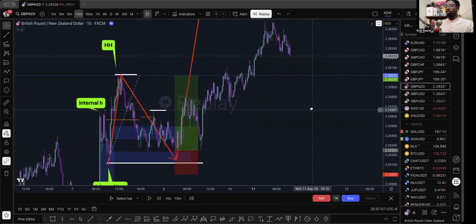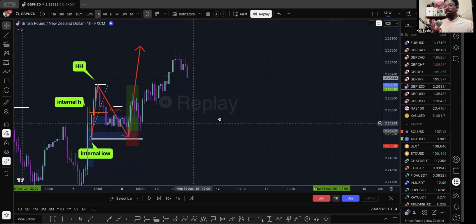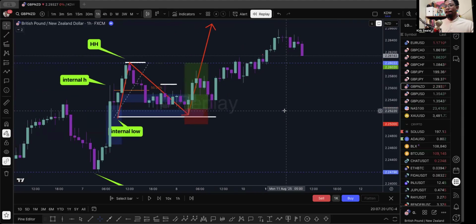All right, cool. We did break the external high. Now, let's switch time frames real quick just to take a look at this with less noise and see what that actually looked like. All right, let's see 1 hour.